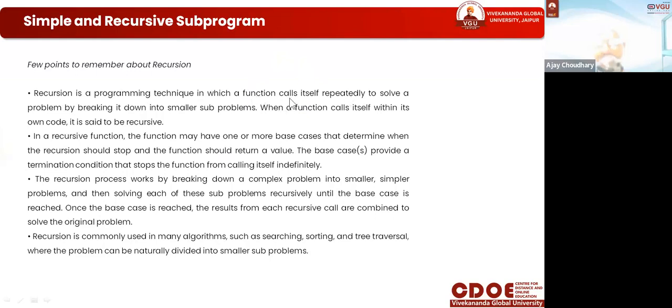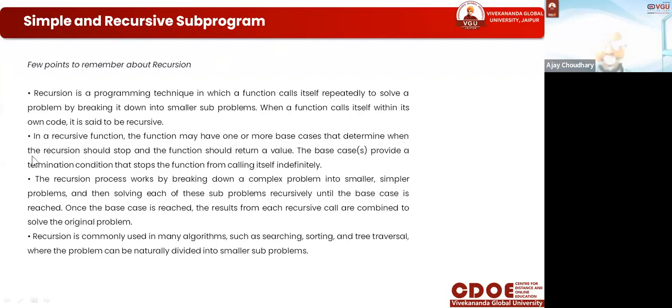So, a function calls itself repeatedly to solve a problem by breaking it down into smaller subprograms. When a function calls itself within its own code, it is said to be recursive. If any function we create calls itself, it is a kind of recursive function. In recursion, the function may have one or more base cases.